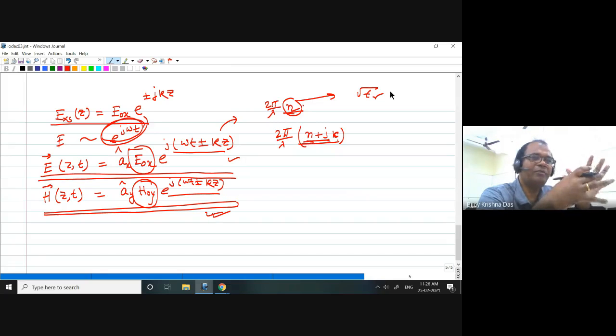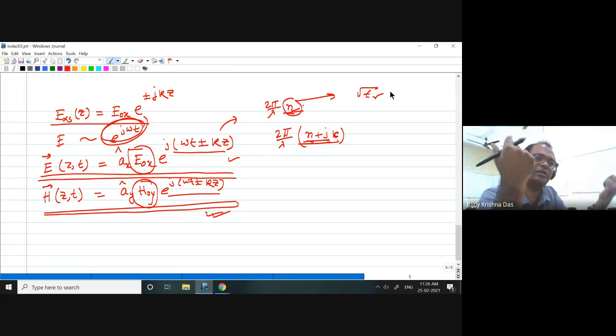You can define based on whatever material medium you are using. In that case, you are dealing with some electromagnetic wave. That wave will have electric field, or polarization, in an arbitrary direction, not necessarily along x direction, y direction, or z direction.